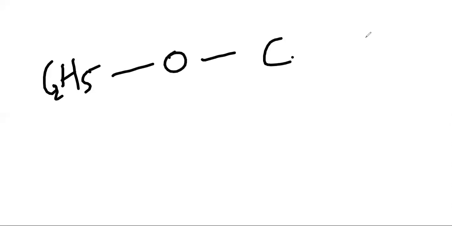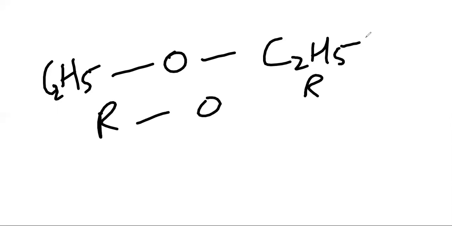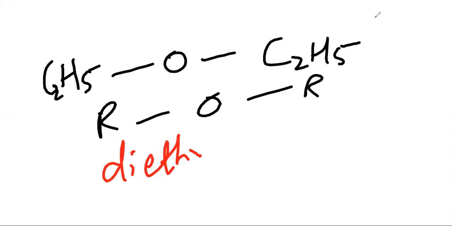If we connect ethane in place of radicals R and R, what will its name be? Diethyl ether. So diethyl ether is called ethoxyethane.